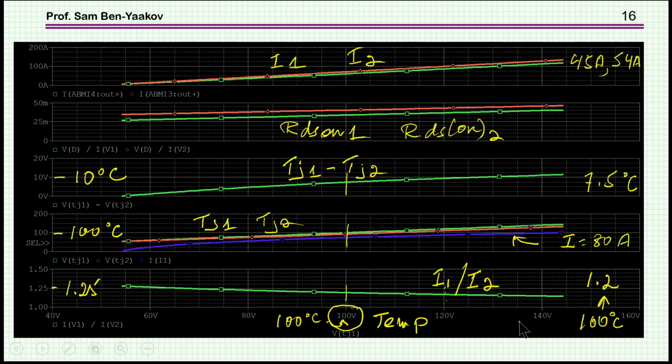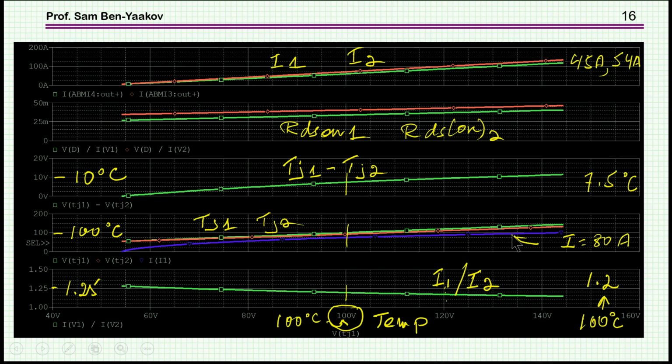I'm starting with 50 because this is the first point, it's the ambient, with the current very low. And at this point, the ratio of I1 and I2 is again approximately 1.25. Now here we see the two temperatures as they build up. Of course, one of the curves is a straight line because this is the temperature of the first transistor. The other one is deviating from it.